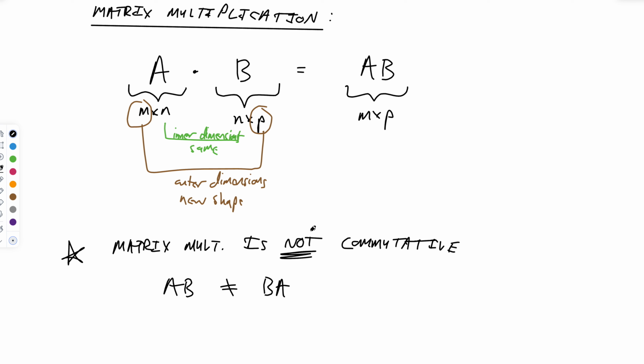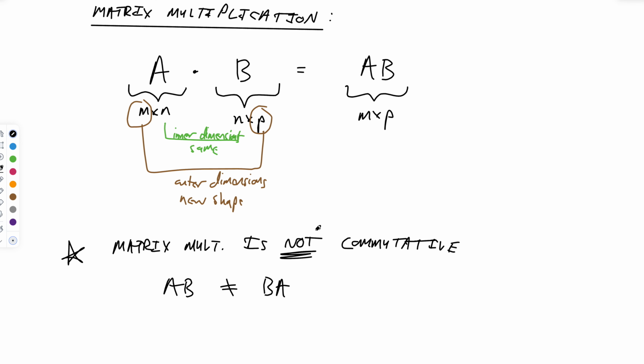There are some situations where AB and BA are going to be equal, but in general, they are not going to be the same thing, because the way we actually perform matrix multiplication is not commutative like a normal multiplication would be. Like if you take 2 times 5 or 5 times 2 with just numbers, not matrices, that is commutative. You can do either and they are the same. Matrix multiplication doesn't work like that. So keep that in mind.